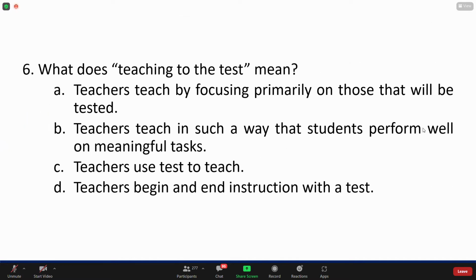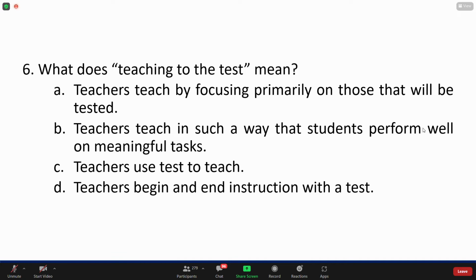Next, number 6. Can we have Miss Buen Suceso for number 6? Miss Buen Suceso. Unmute yourself. Rinig po. Yes po, loud and clear. What does teaching to the test mean?